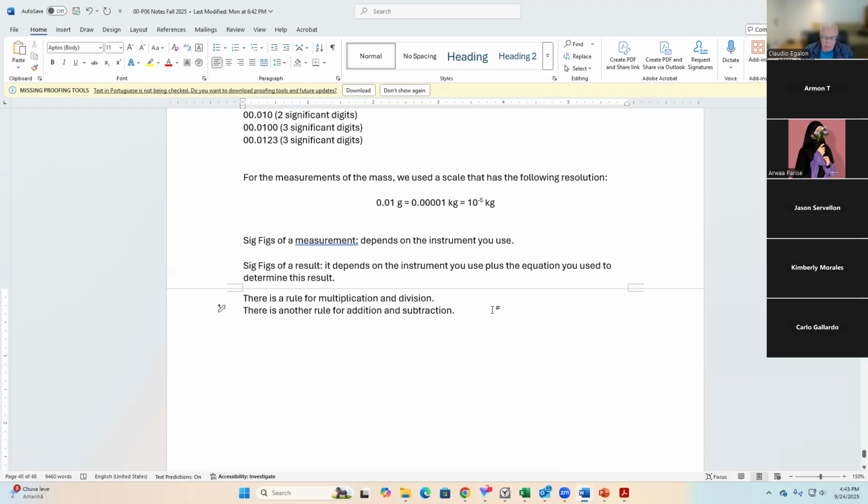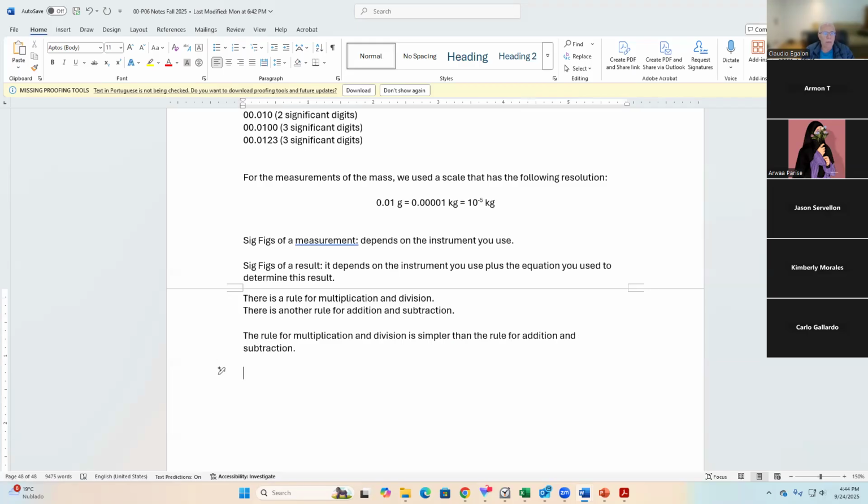The rule for multiplication and division is simpler. Okay? It's simpler than the rule for addition and subtraction.